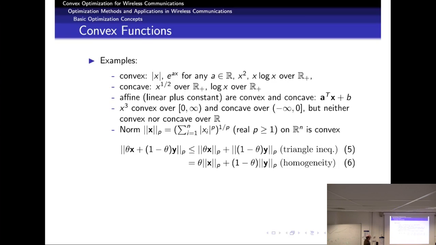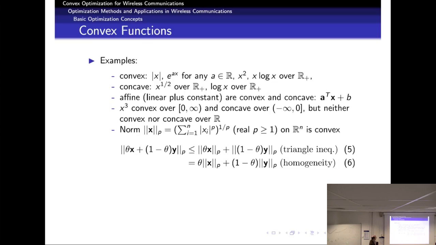X squared, you know what x squared looks like. You have something like this, so this is also convex. X log x is convex over R plus, right? So R plus means you take all the real values from 0 all the way to infinity, so non-negative values. And this one, you can show is convex using some other properties we'll see in a minute.